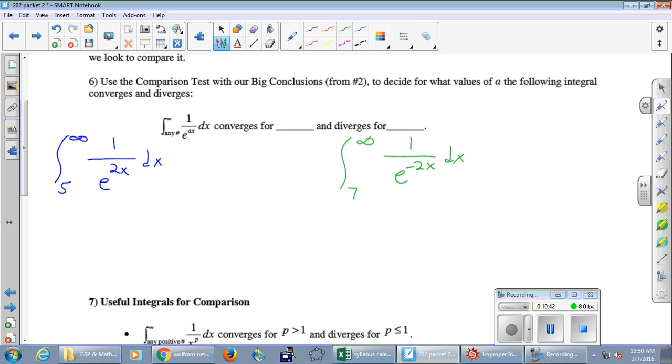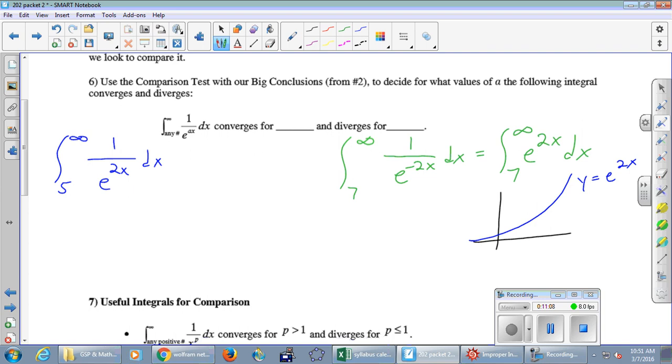Okay, so let's do the easier one first. This 1 over e to the negative 2x in green. This is really the same as e to the 2x, yeah? I'm not even going to do antiderivatives, but just think about the graph of e to the 2x. Looks an awful lot like the graph of e to the x.